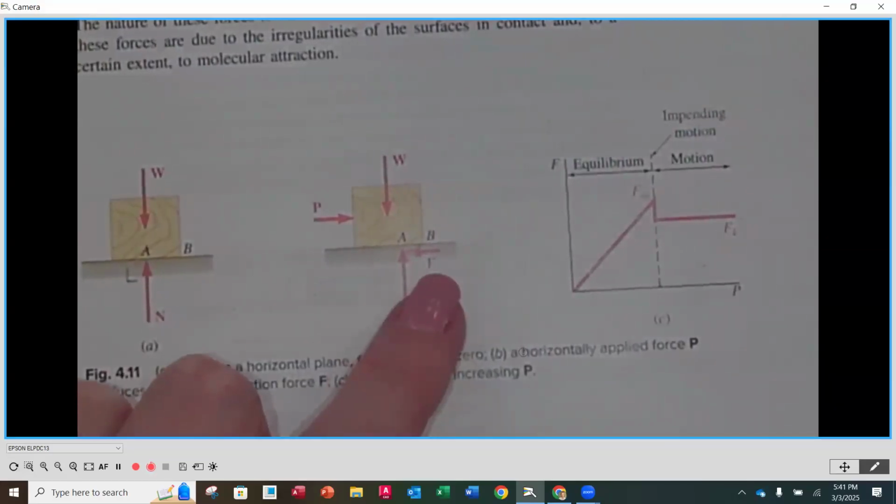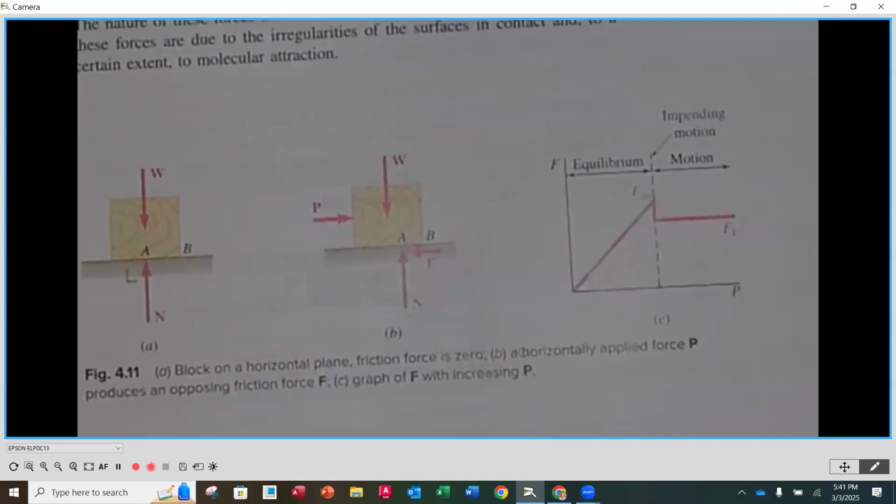That friction force is always pointing in the direction opposite to the impending motion.